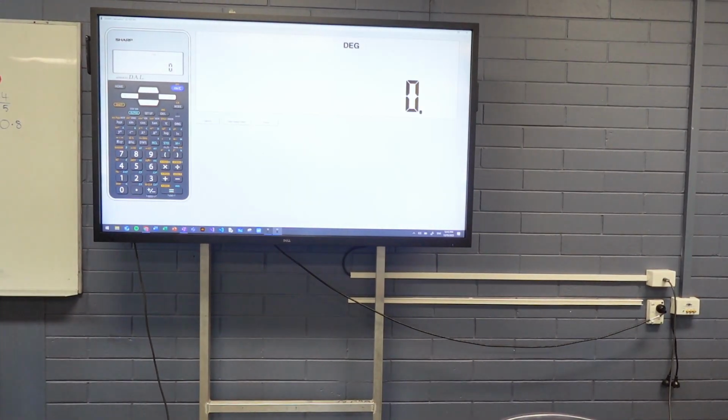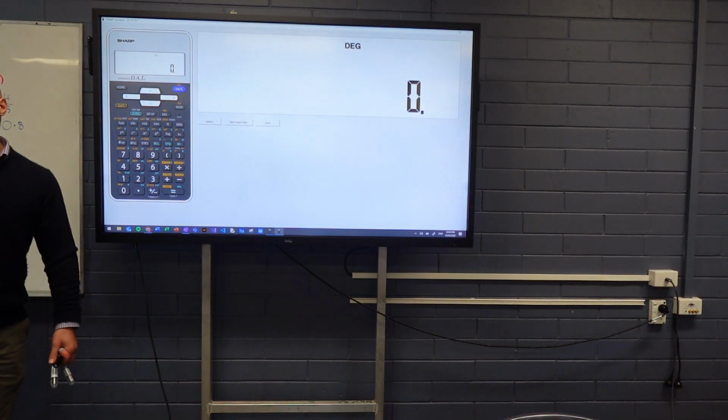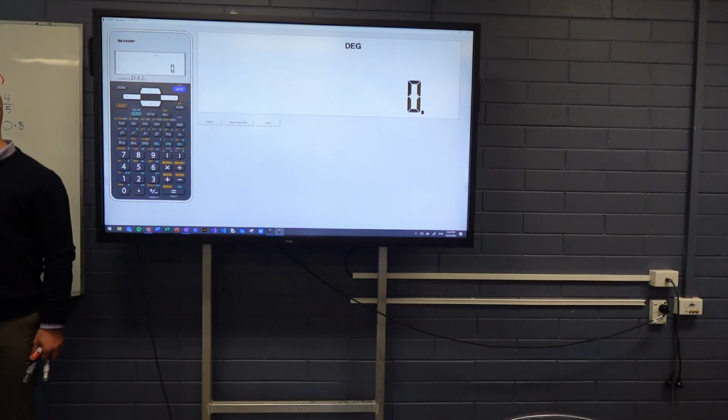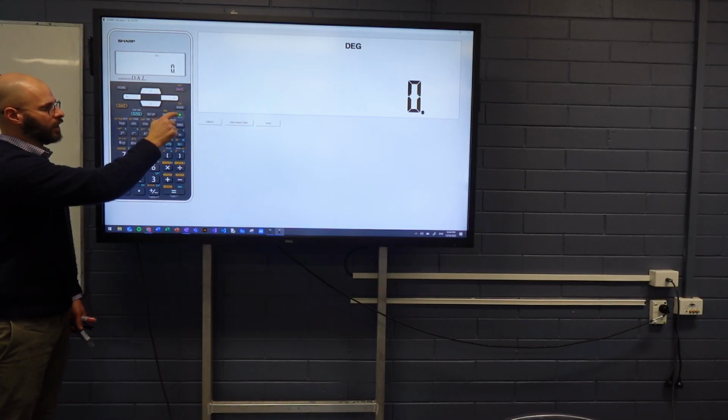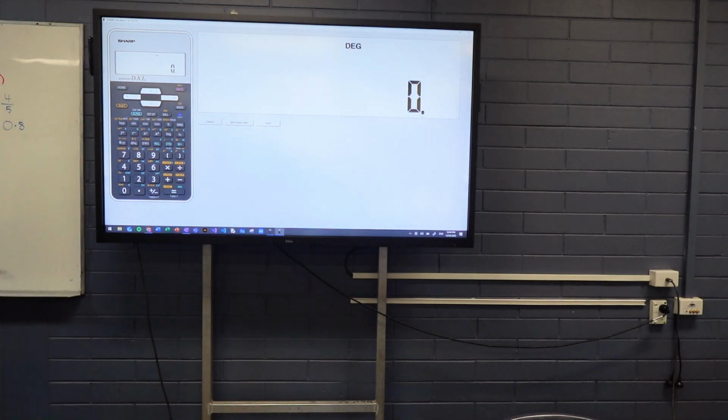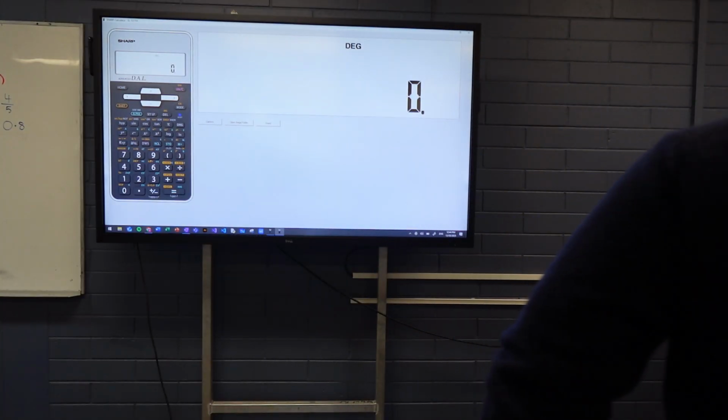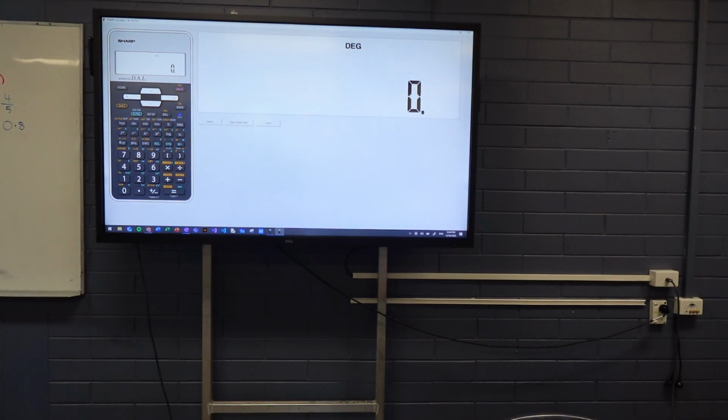Now, on your calculators, the first thing you always need to do when you enter a math classroom and you're about to do trig is look for the reset button and press it. You will probably need to use the tip of a pen or a pencil to do this. Why? There are multiple ways in which you can measure angles.